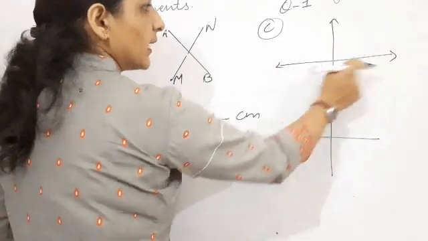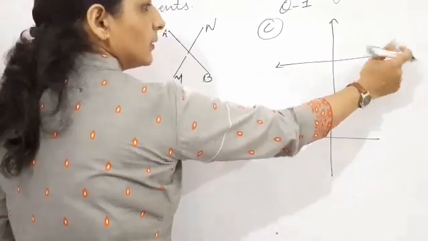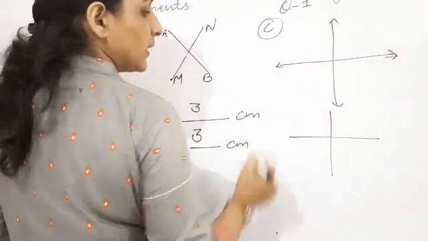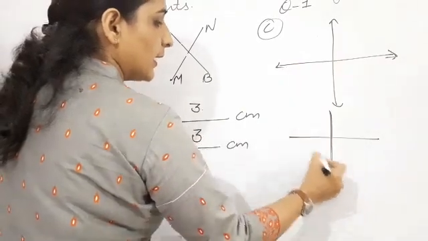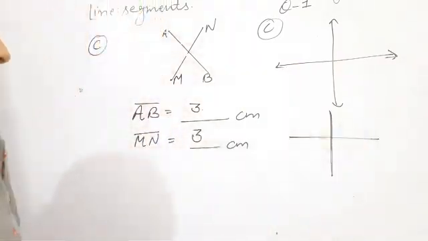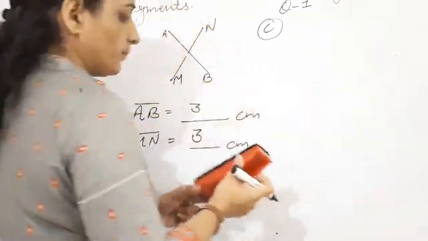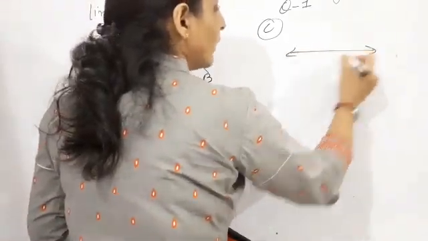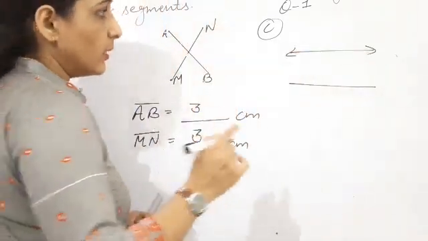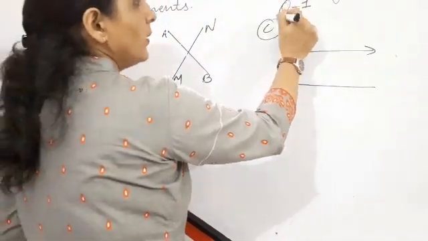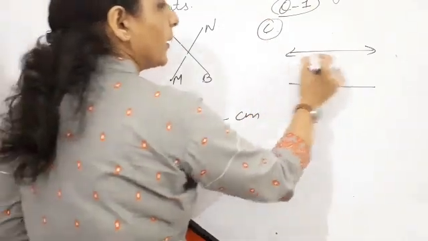Clear? These are the line. Clear? These are the line. Clear? And these are the line segment. So in this question, when you draw it, don't use this line. That is the line and that is the line segment. Clear? So in question number 1, part C, by mistake I made this one.